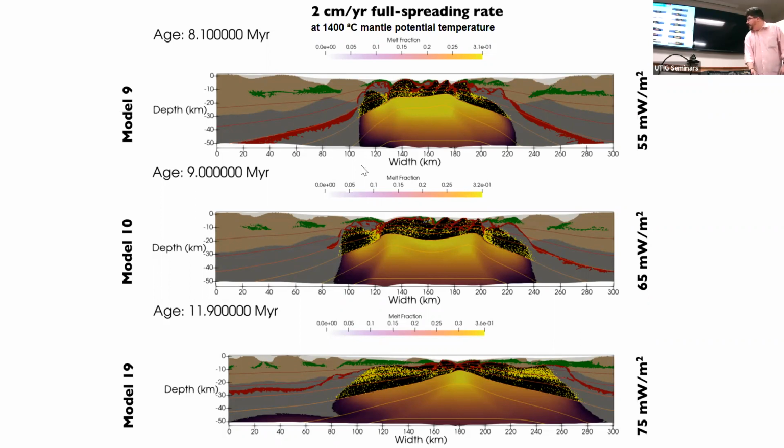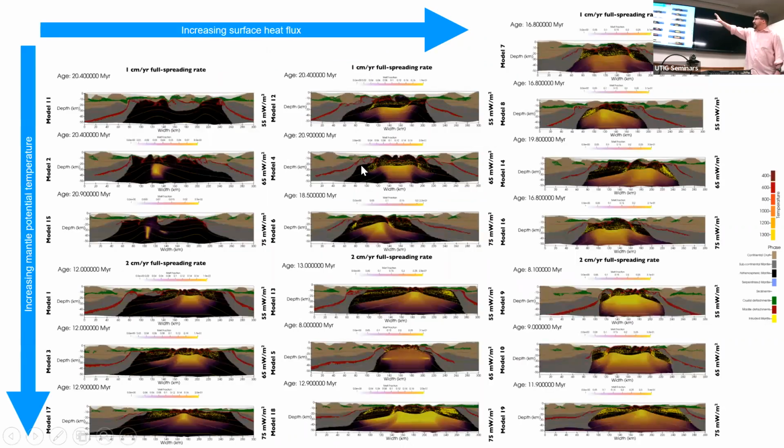And if you zoom out to all of the models, the top half is 1 centimeter per year and the lower half is 2 centimeters per year. This is that boundary line right here. As you go down in each of these, that's increasing mantle potential temperature. As you go to the right, it's increasing surface heat flux.